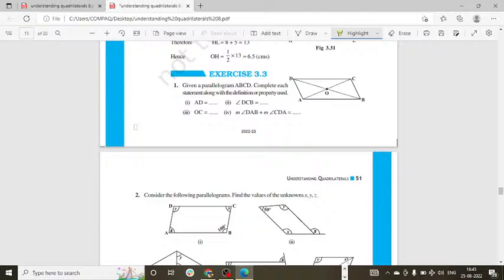So here you can see a parallelogram ABCD.